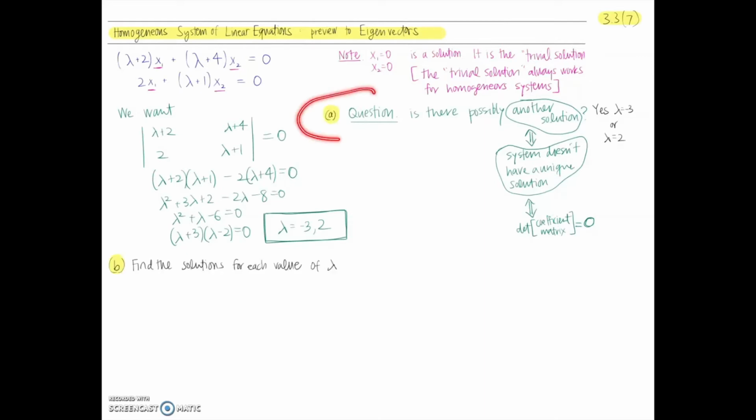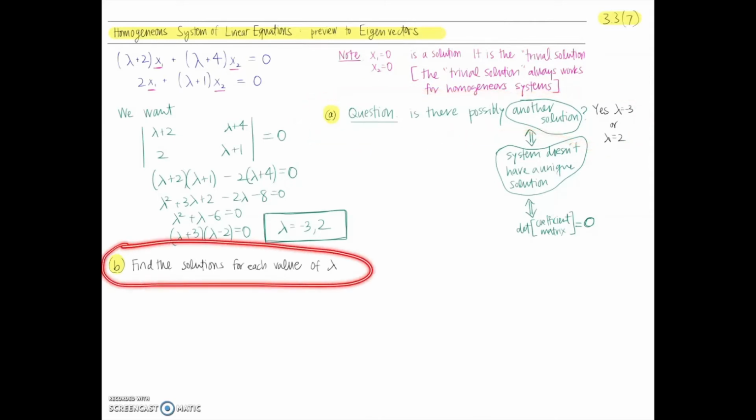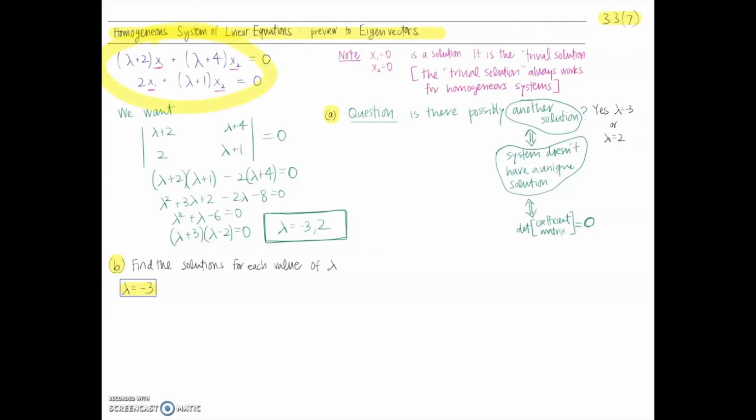So if this was the first part of the problem answering this question, then the next part of the problem is, okay, if there are more solutions, find the solutions for each of these values of lambda. So if lambda was equal to -3, we can just go back to this original system of equations and plug that in for lambda.